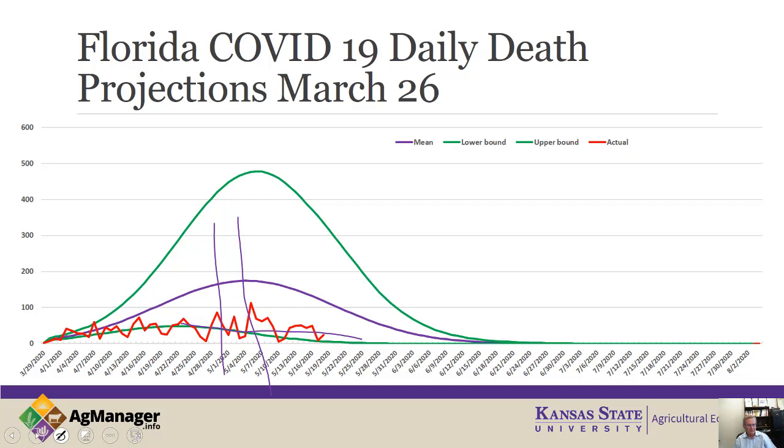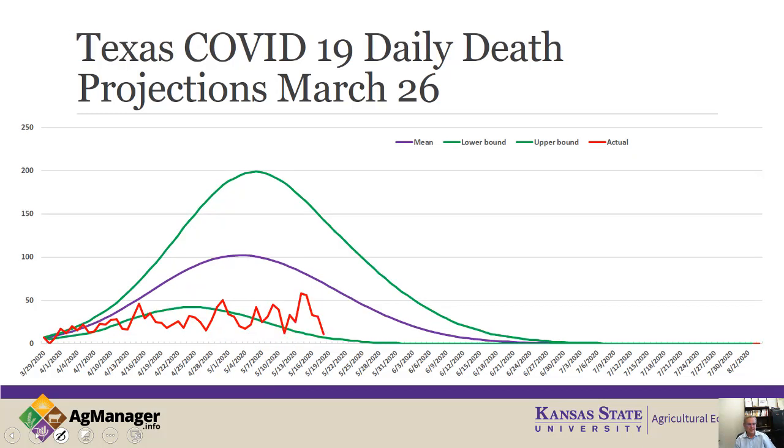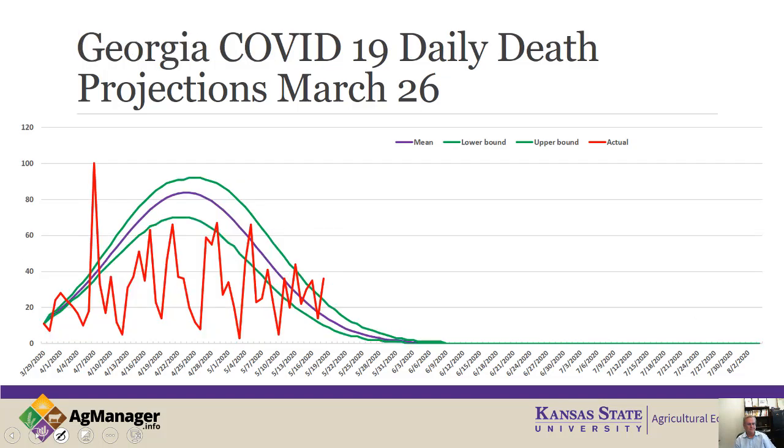But it does not appear that there's been a big resurgence in Florida. Texas also opened probably about the 1st of May, and there hasn't been a big uptick in Texas. You probably don't see the downtick like you see in Florida.